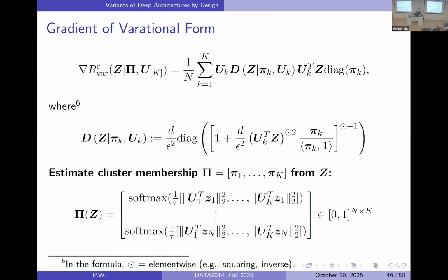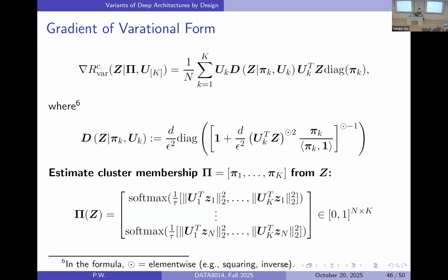I can give an example. Suppose we consider Z_i, these token representations, and Z_i belongs to one of K subspaces, that is, it lies on a mixture of low-rank Gaussians. So Z_i equals U_k times a_i.